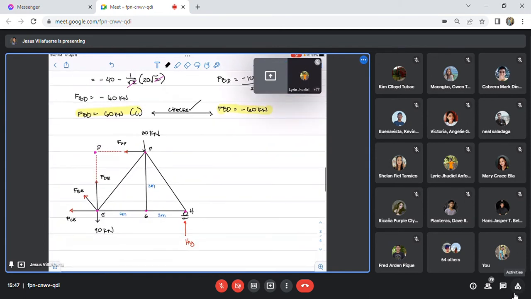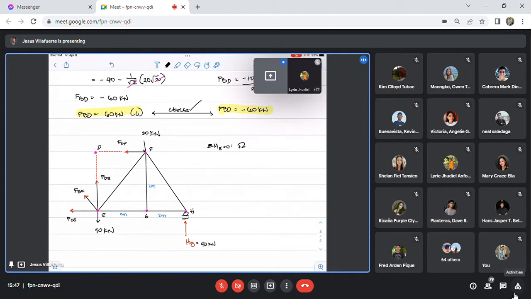So taking the summation of moments at point E equals 0, with counterclockwise positive. What are our positive forces? This is 40 kilonewton. Taking moments at E, what are our clockwise forces?